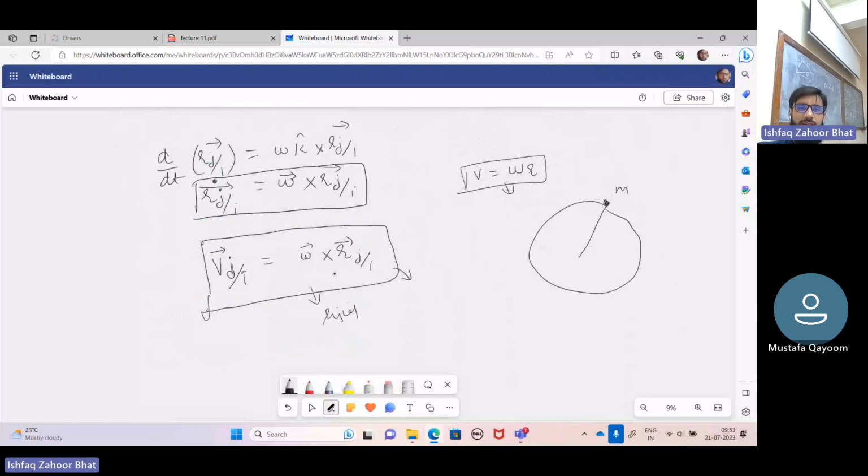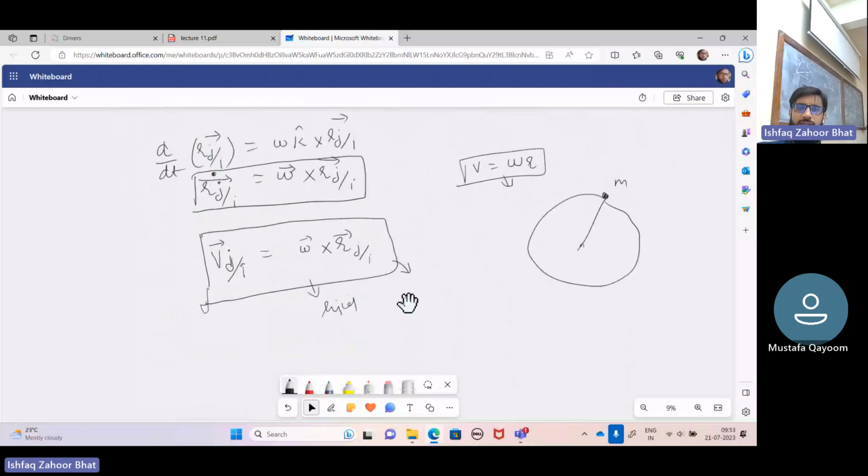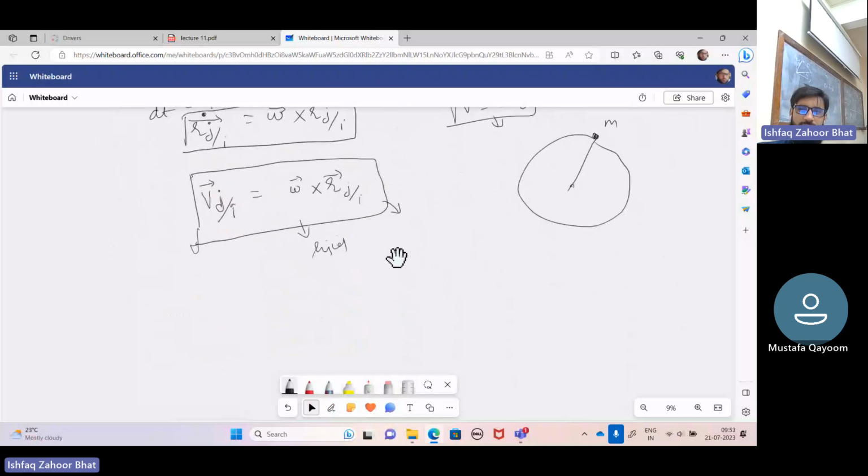This equation has come for the rigid body, and the equation V equal to omega r comes for this point mass. So what is wrong with it or what is true with it? I hope you will think over this and come with some good explanation in the next lecture.